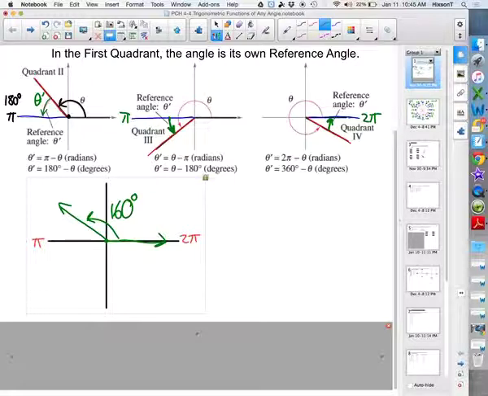Think about it here. What would our reference angle be? 20. The reference angle we're looking for would be this angle right here, and that's 20 degrees. 180 minus 160.